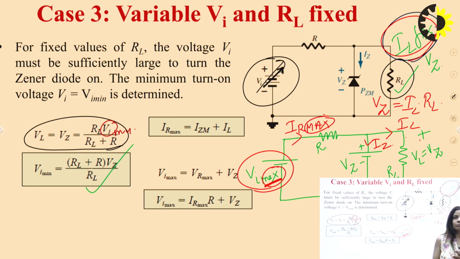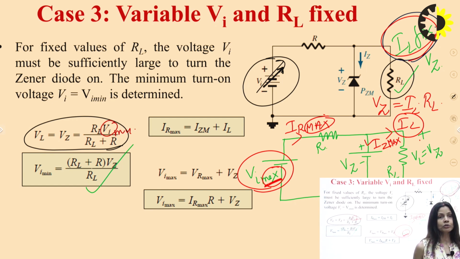So it will supply maximum value of current to the circuit. If it is maximum current, then Vi maximum will make this IR maximum. And since IL is fixed, our analysis is complete.